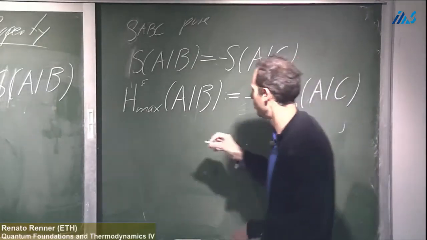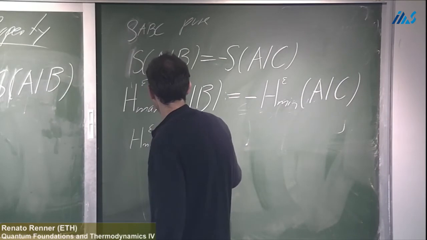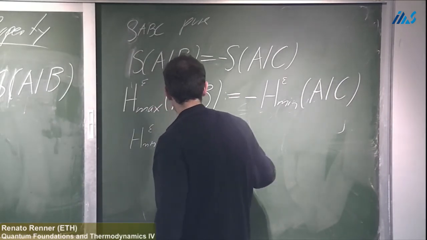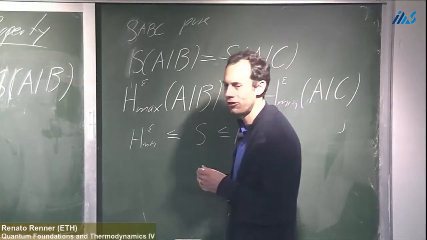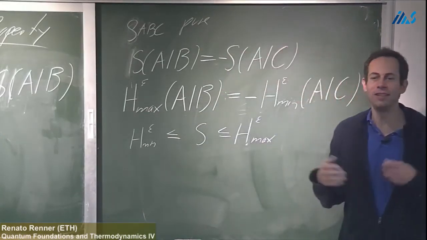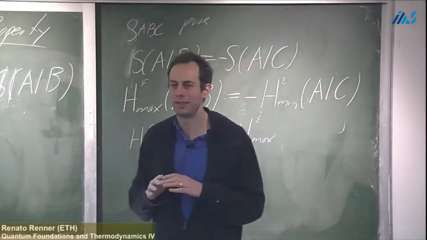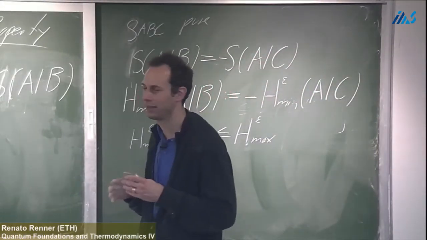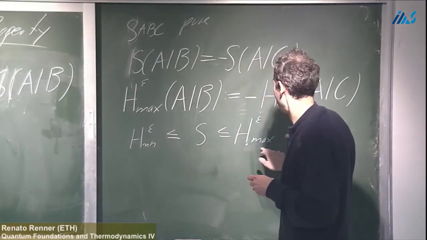And what turns out to be true is that the H-min, which maybe explains the name, is always smaller than the von Neumann entropy, which is always smaller than H-max. In fact, you can even show that every reasonable entropy measure, where reasonable means satisfying certain natural conditions like concavity and so on, will be in between H-min and H-max.